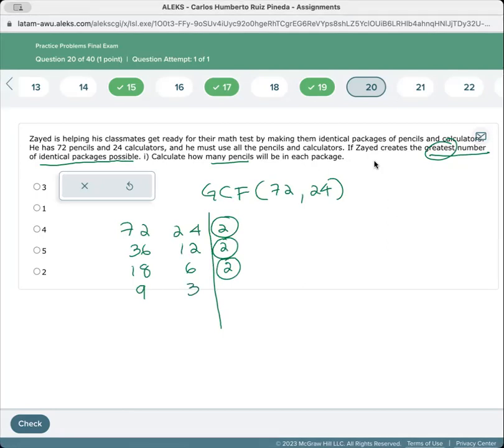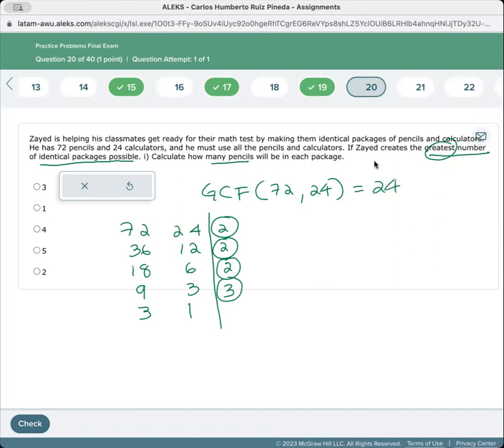Now we go to 3, and then we have 3 and 1, and we can stop there. We can stop here because 3 and 1, they have nothing in common. So the greatest common factor will be 2 times 2 times 2, 8 times 3, 24. That's the greatest common factor.